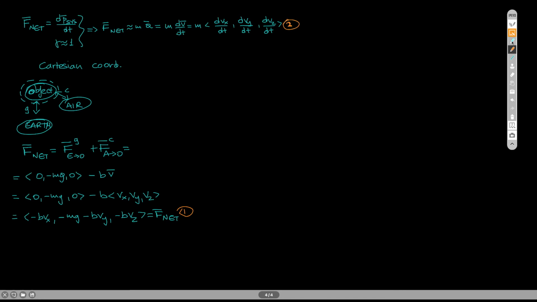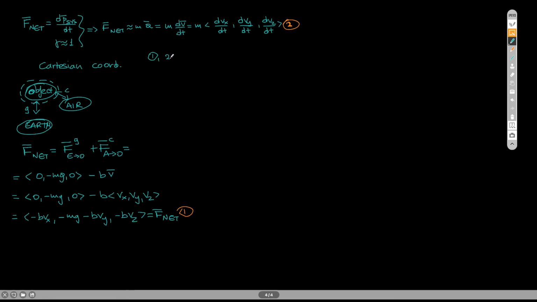If you look at this, both equations 1 and 2 are equal to the net force. Both of them talk about the net force. Now, I obtained them in a different way. This came from Newton's second law, the physics principle that relates interactions and motion, but I got this just by looking at the interactions. So I'm gonna set them equal to each other because they are talking about the same thing, the net force.